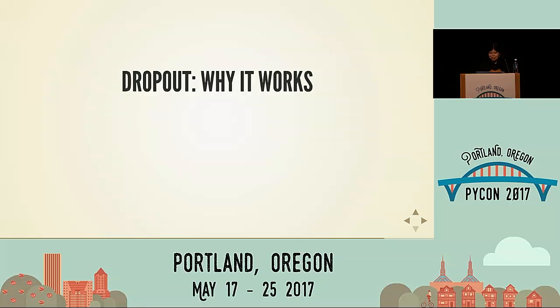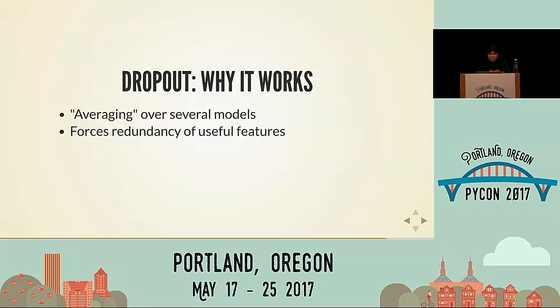Here are some reasons people cite for why it works. Firstly, every time we drop some neurons out, it's like we're building a completely new prediction model. And when in the end we take all of the neurons together, it's like we're averaging together all of those models. If you're familiar with ensemble learning, it's just like that, except that you're doing it internally.